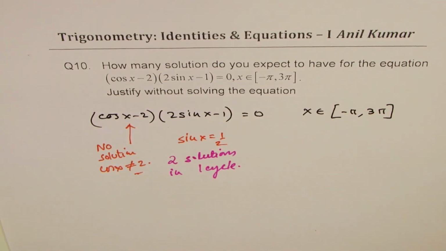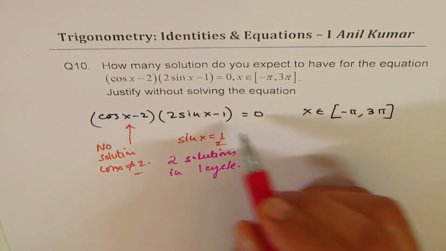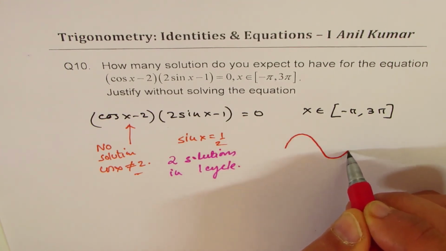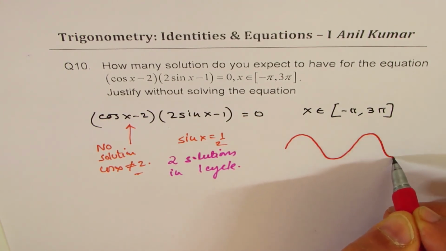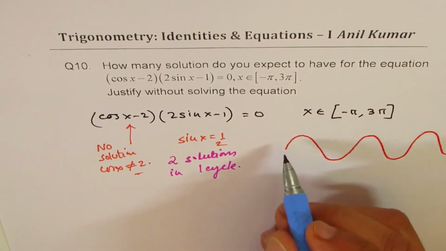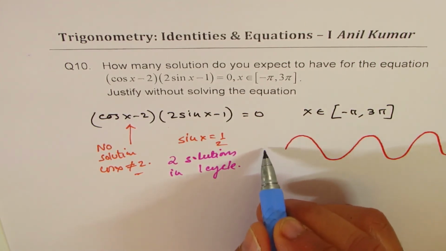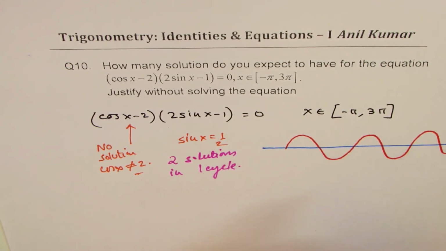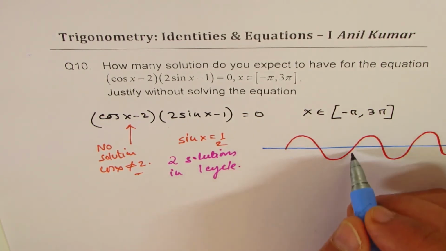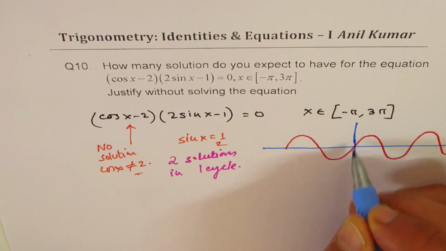Let's sketch this, it will be easier. So let me sketch a sine wave. Okay. And let's say kind of like this. Right. So we are going from minus pi to, so let's say we have it here.